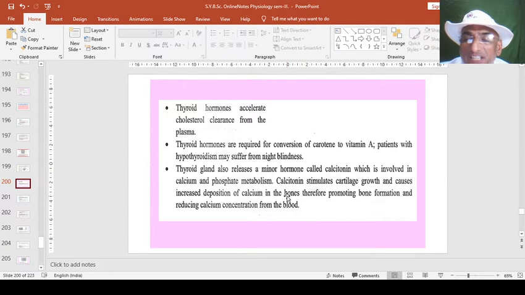Calcitonin stimulates cartilage growth and causes increased deposition of calcium in the bones, therefore promoting bone formation and reducing calcium concentration in the blood.